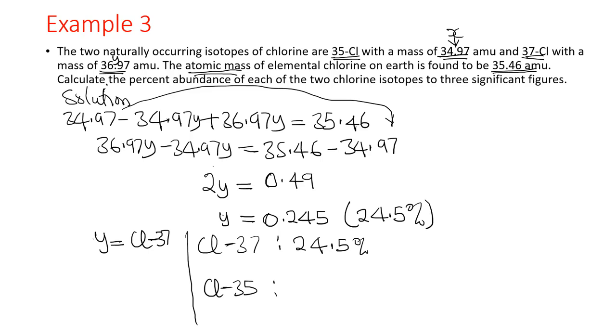So 100 minus 24.5%, which is 75.5%. In that case, we have calculated the isotopes of chlorine when given the isotopic masses and the atomic mass.